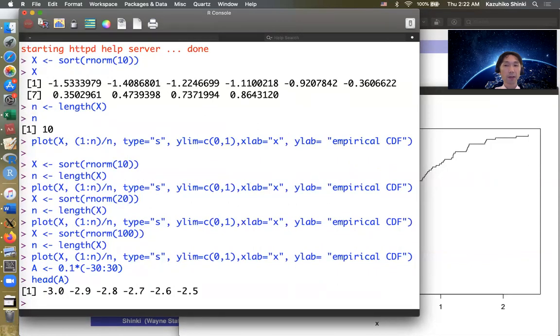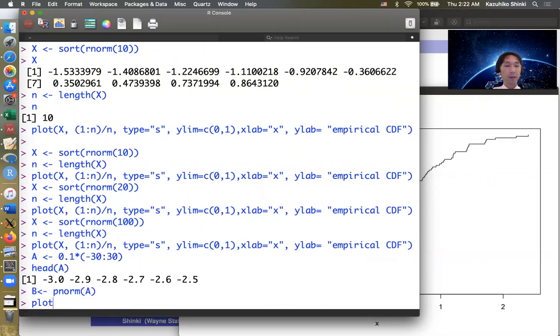And we think about the cumulative distribution function, that is the probability, pnorm of A, which we define as B. Then we plot A and B, and this should be a smooth curve, so maybe we can make it a line graph.